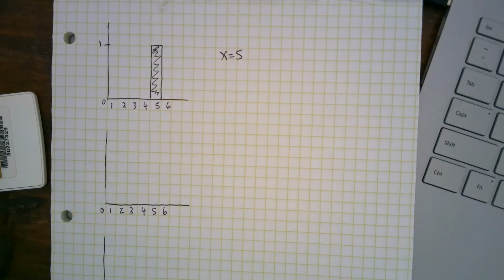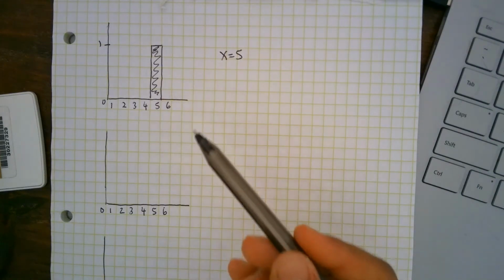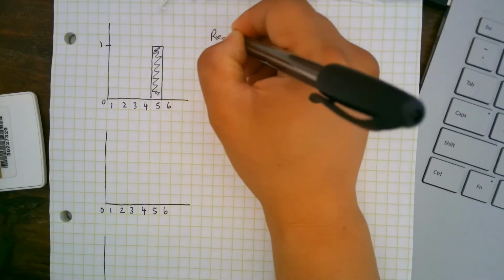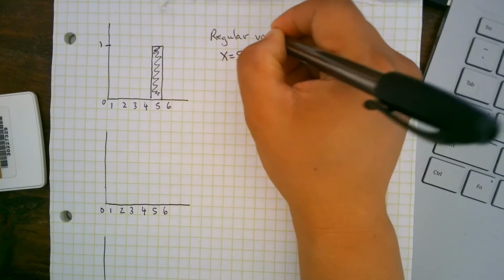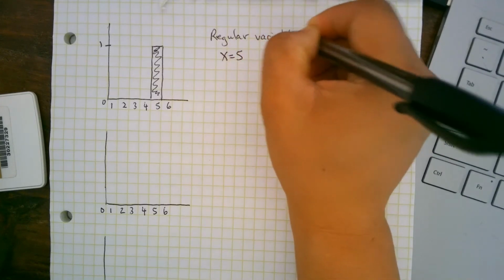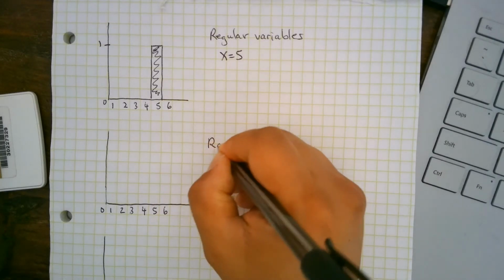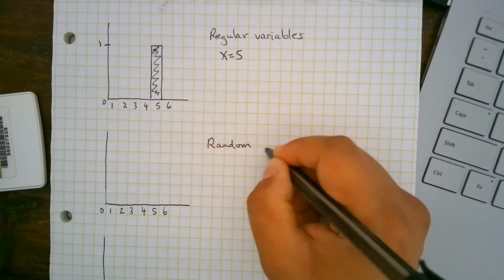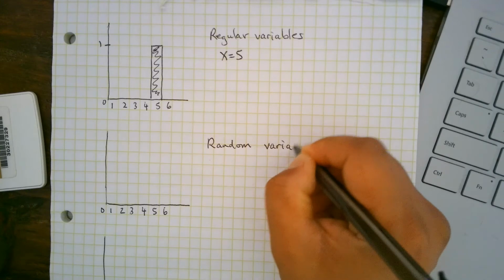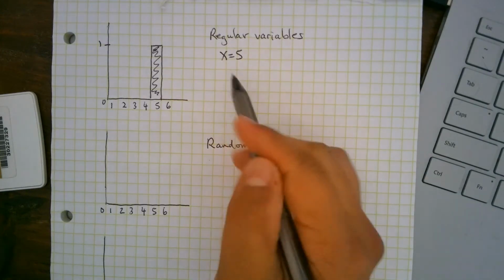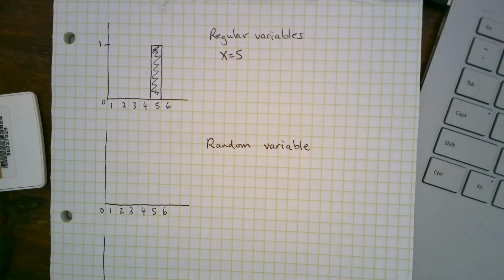Now we can extend this concept to a random variable. So this is a regular variable. A regular variable has a certain value, as opposed to an uncertain value. A random variable might denote, like x equals 5 might denote, I don't know, the number of apples you buy from a store.